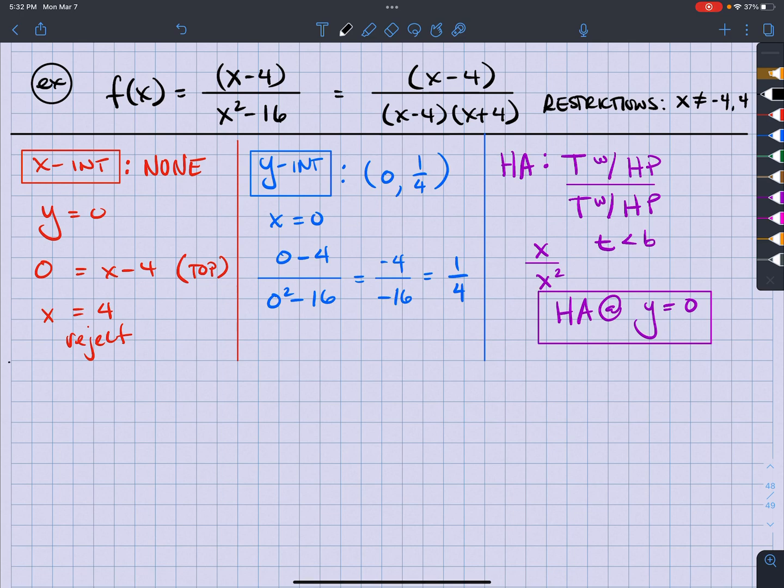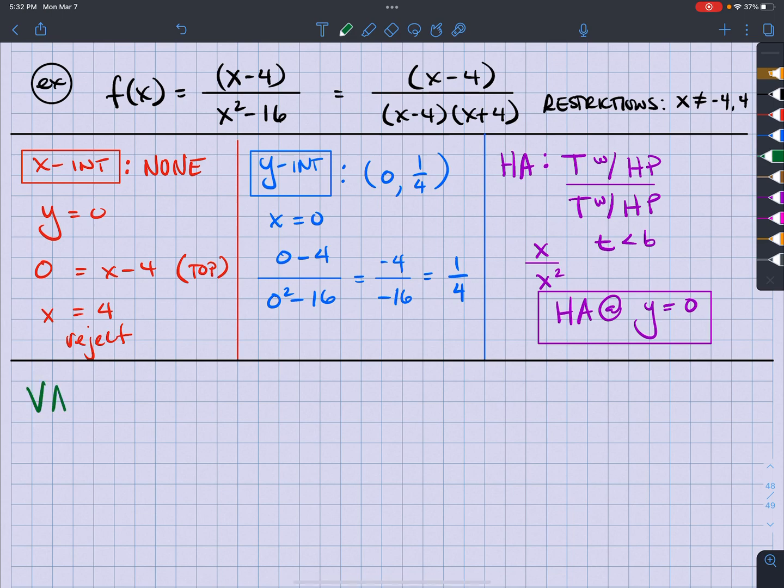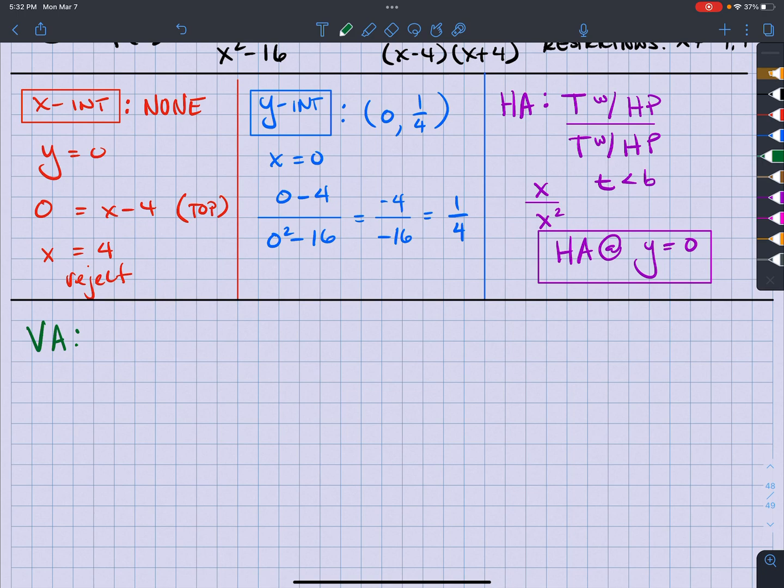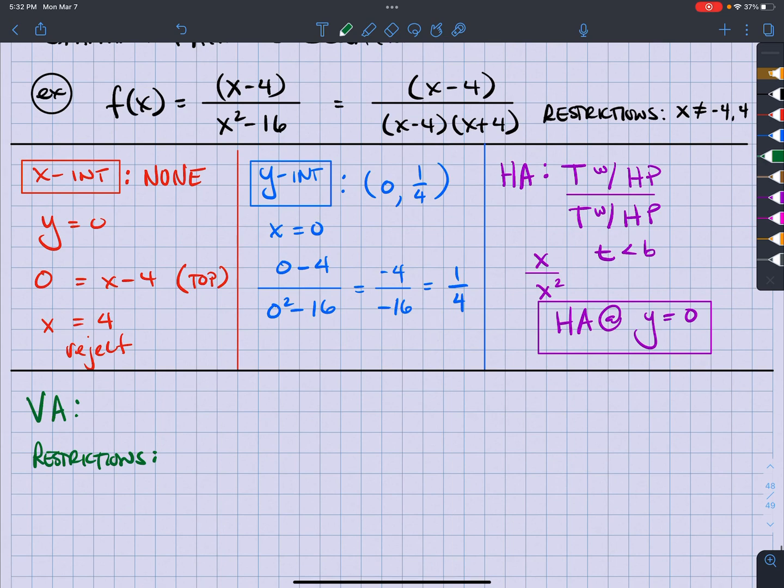All right. And then last but not least, we're going to look for the vertical asymptote. For the vertical asymptote, that is going to be based on the restrictions. Essentially, this so-called factored form is what's important.